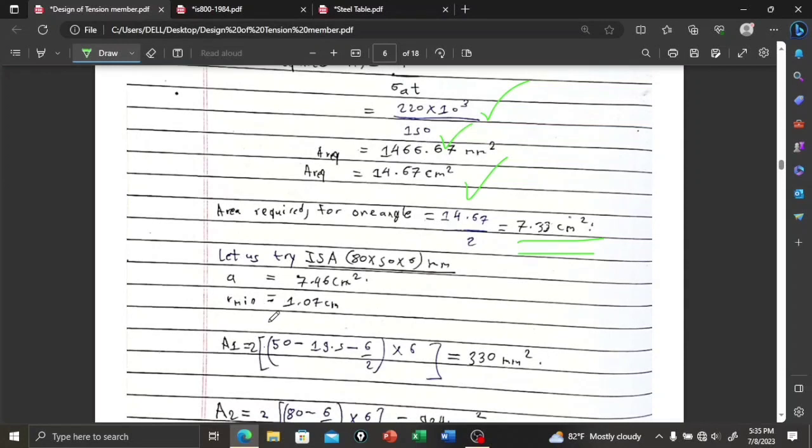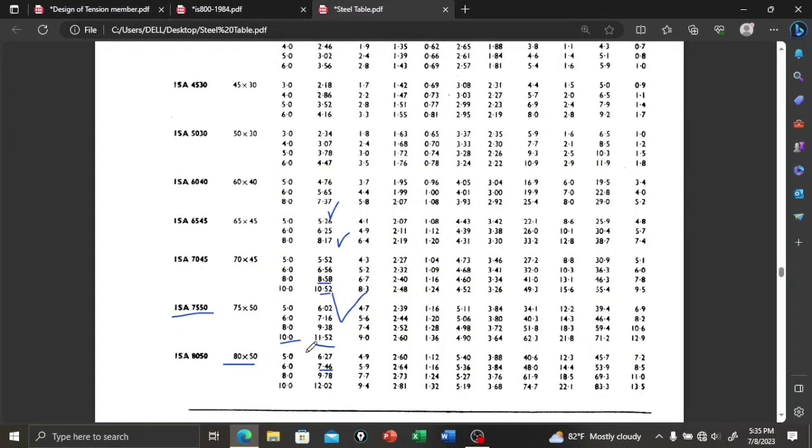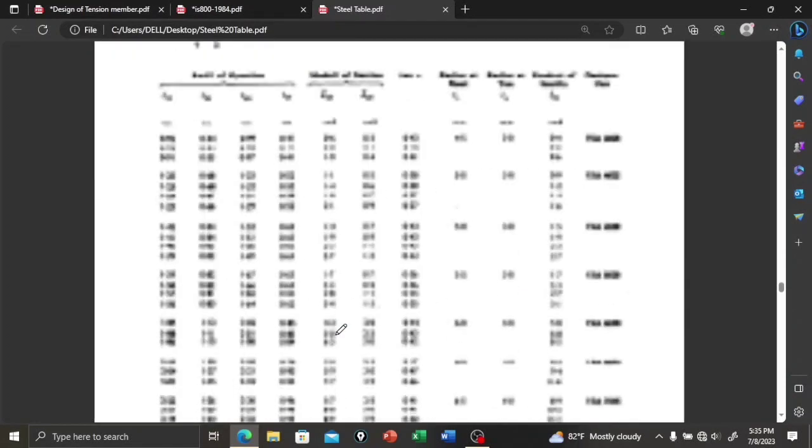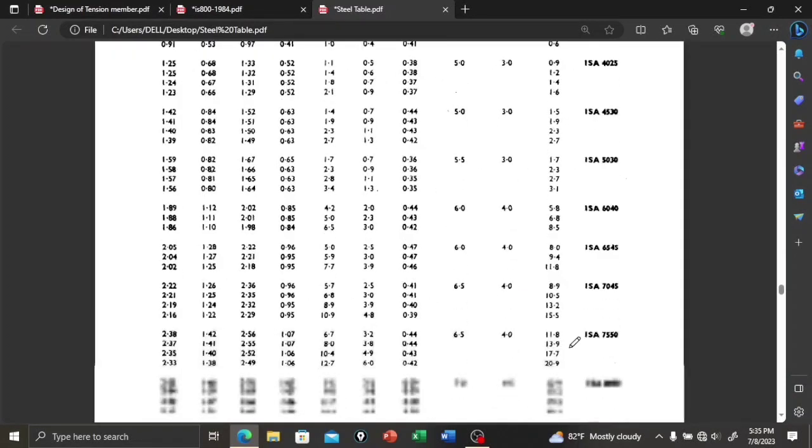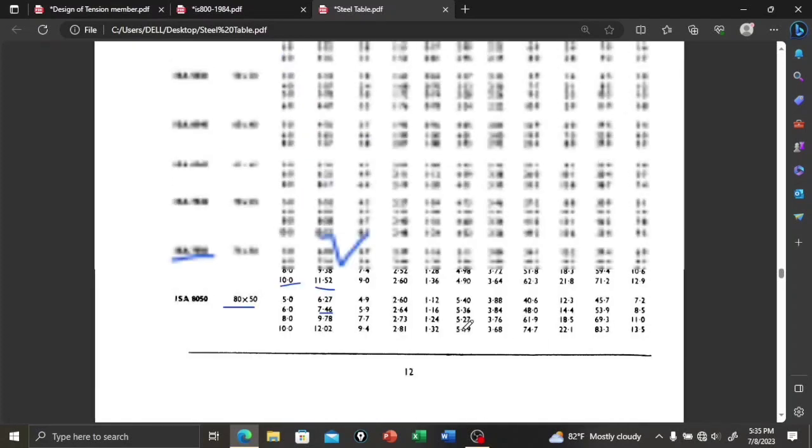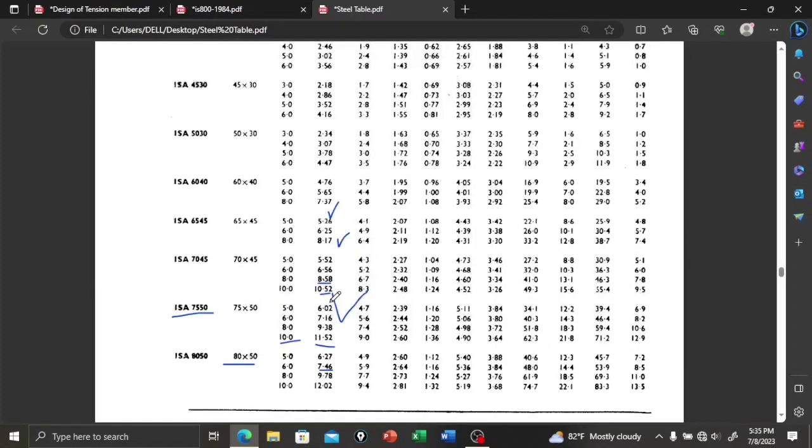7.46, and our minimum is for this 7056. Our minimum is, 7056 is, the second.